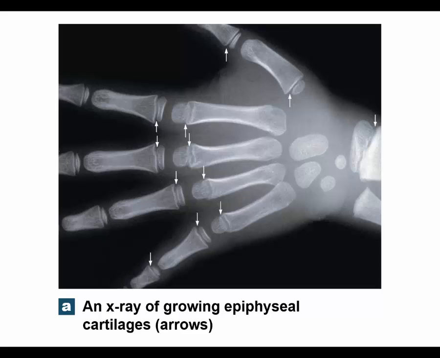So knowing that you don't ossify your epiphyseal growth plates if you're a male until your young 20s, and if you're a female, later teens, doctors know this, and we can actually look at an x-ray to see if there are epiphyseal growth plates there. Now remember, epiphyseal growth plates are cartilage. That's soft tissue. Bone is hard tissue. So x-rays show bones, but they don't show this cartilage in here.